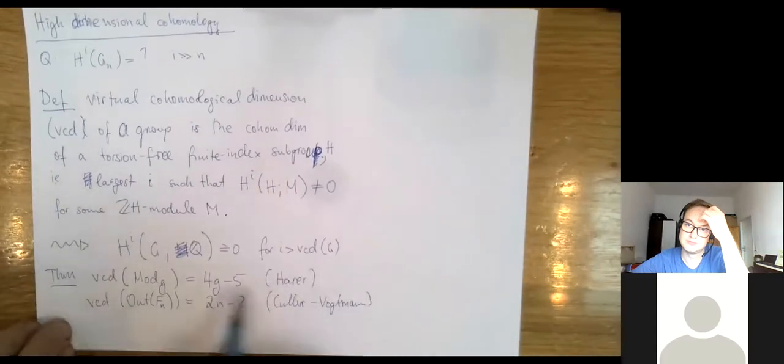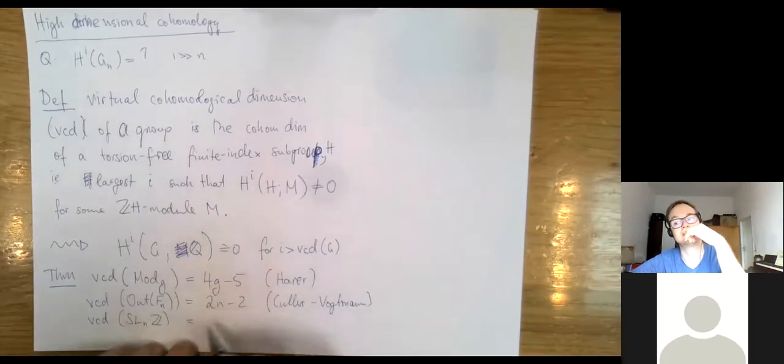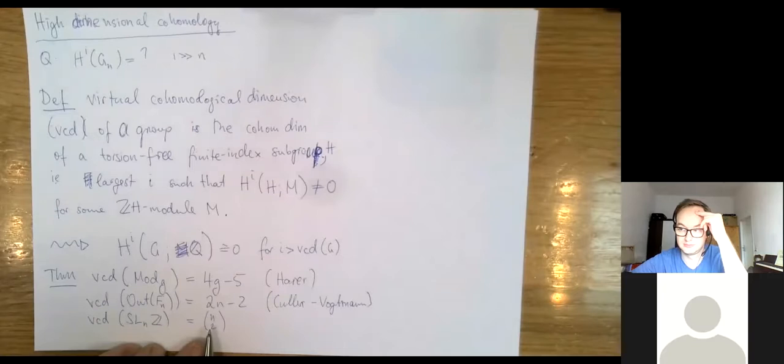Both of these things were also included in these results. You have it for the special linear group, and here maybe you could change the ring, and then you will get a different number.